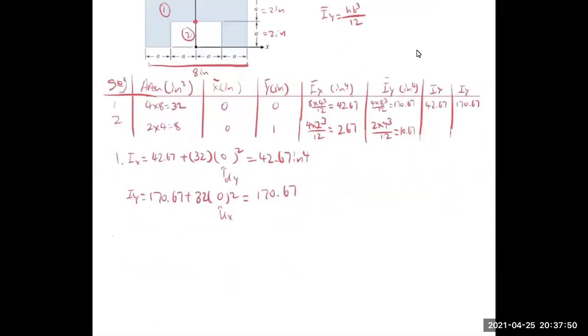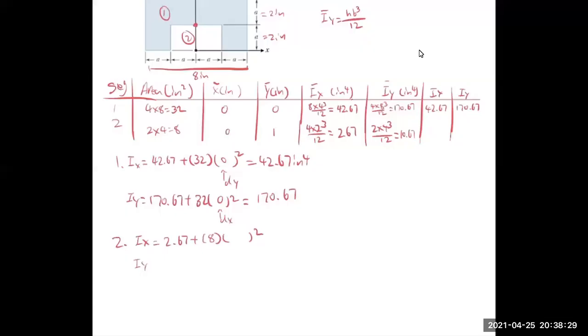All right, and let's calculate Ix and Iy for segment 2. Segment 2, Ix will be 2.67 plus the area, which is A, times the y distance, dy. So same thing, from the centroid to the center of segment 2, it is 1.